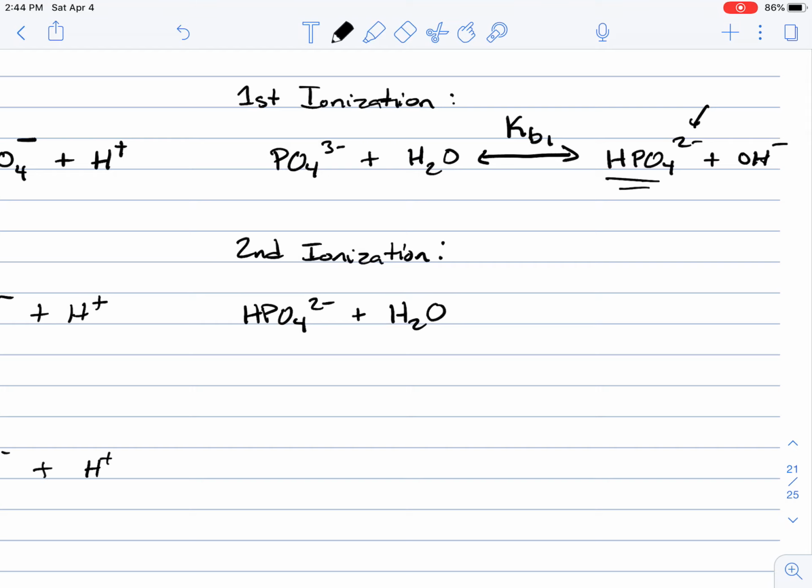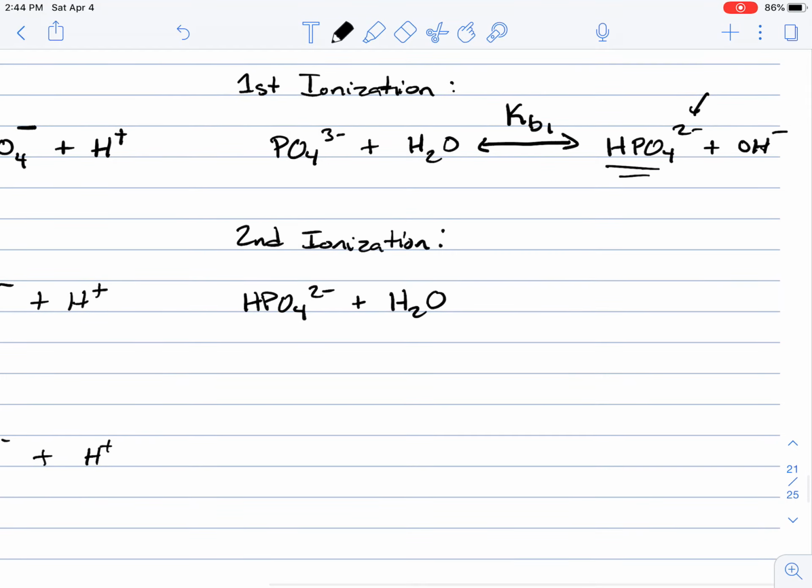Now another water molecule is going to come in, and once again a hydrogen is going to be transferred. So this is through the mechanism of a Lewis base, if you will. A lone pair is going to be donated to that hydrogen, thereby extracting it out of water.